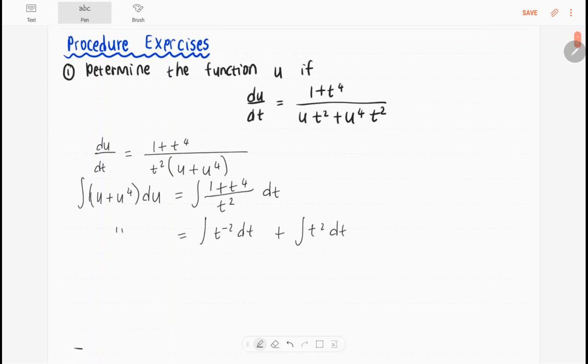So on the left hand side, I'm going to have u squared over 2 plus u to the 5 over 5 equals, on the right hand side, minus t to the minus 1 plus t cubed over 3 plus c. I'm just going to write that as 1 over t. And in this case, we cannot explicitly solve for u, so we leave it just like this.